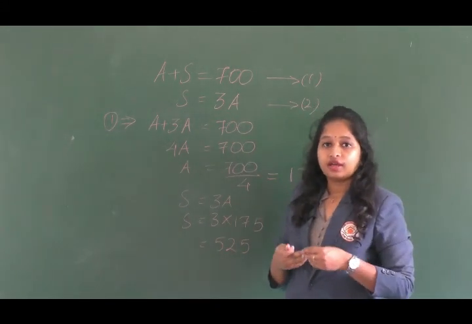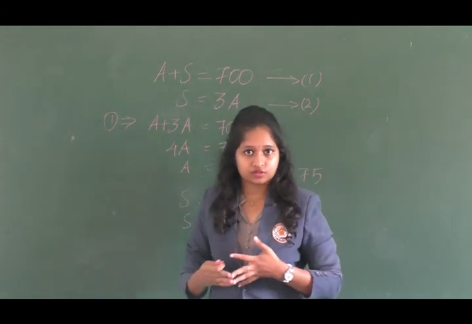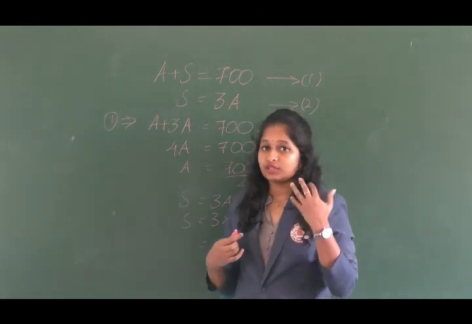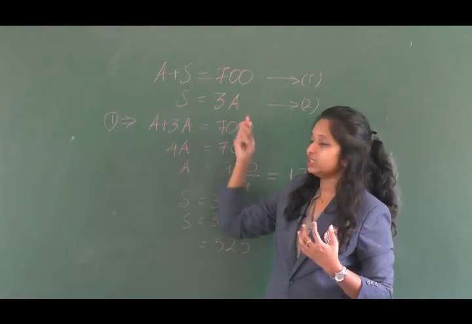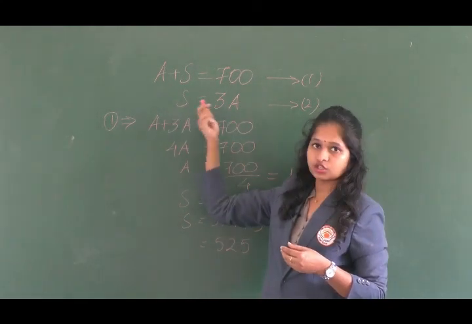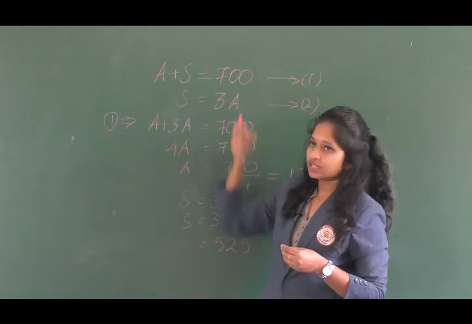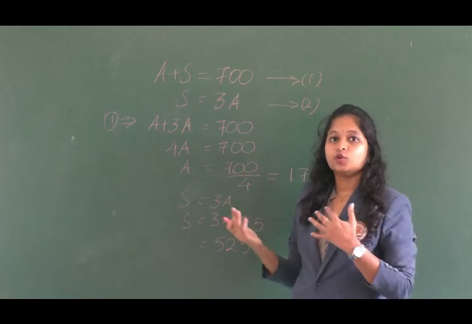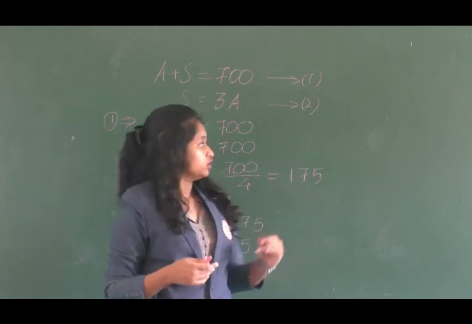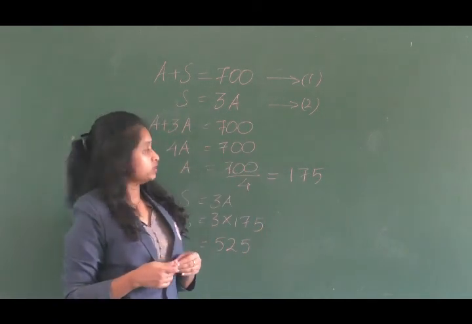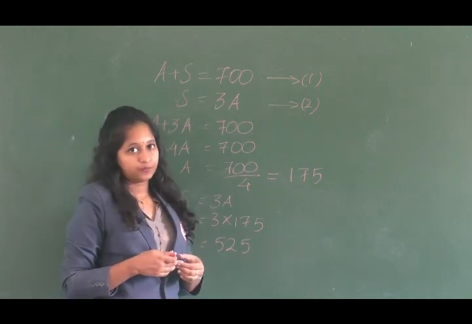Suresh has 3 times as much money as Ashish has. So let's take that as one equation, which is s equal to 3a. S is for Suresh, a for Ashish. And they have in total 700. So let's take both the equations as equation number 1 and equation number 2. Got it?